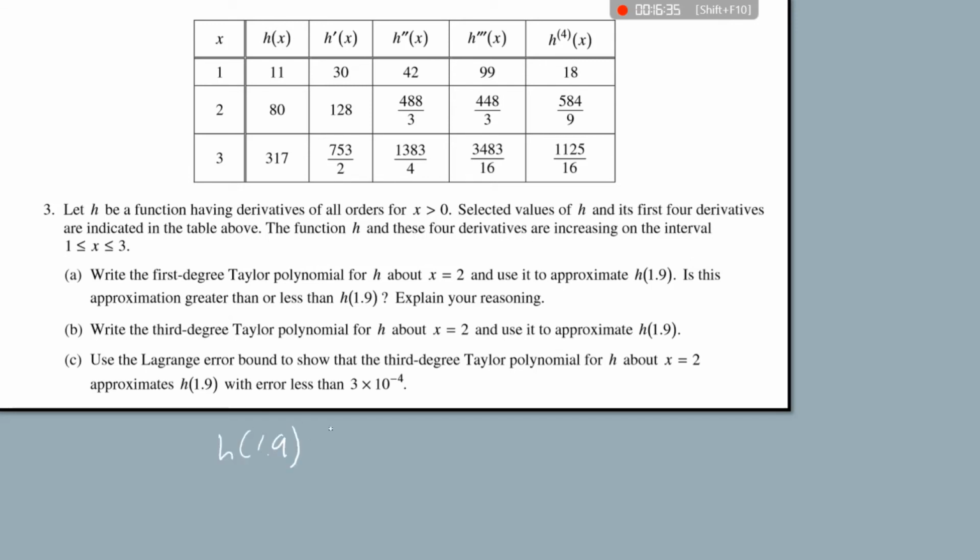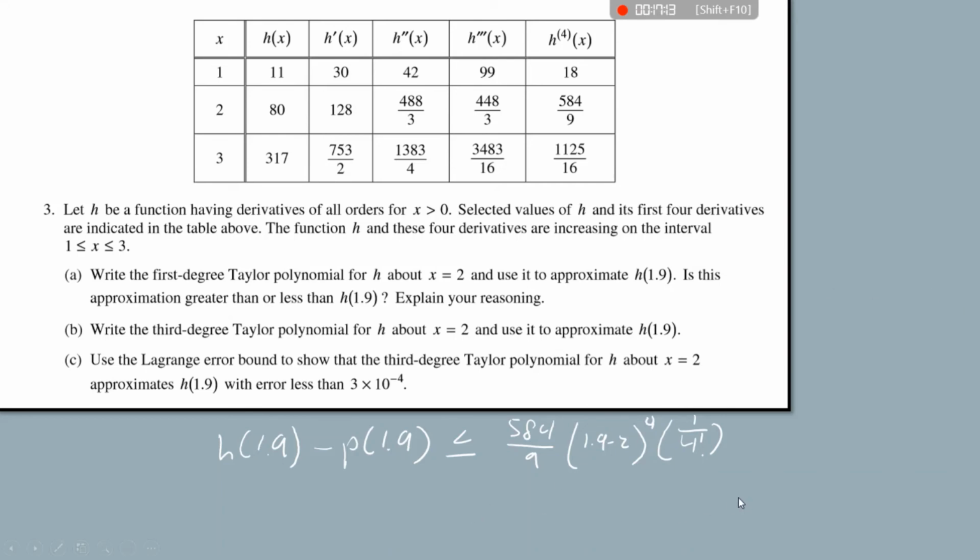So I could say h at 1.9 minus p at 1.9 would be less than or equal to 584 over 9 times (x minus 2) to the fourth power over 4 factorial, which is 24. So my error should be less than or equal to that.